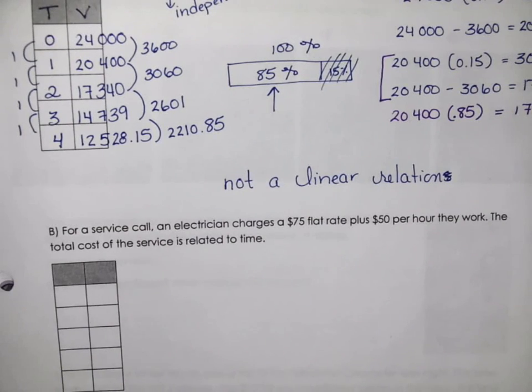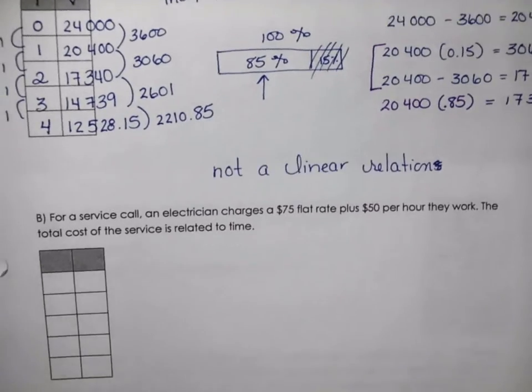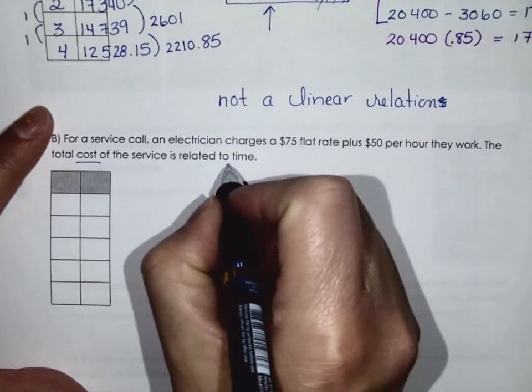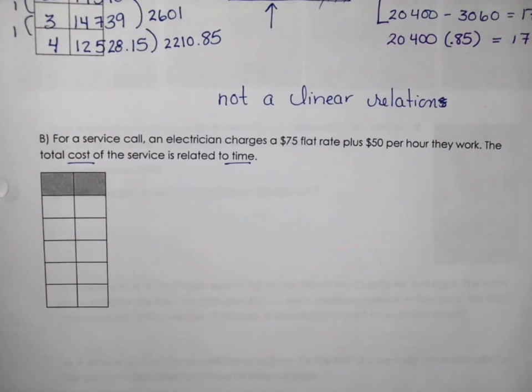Okay, part B. For a service call, an electrician charges a $75 flat rate, and then $50 an hour for every hour that they work. The total cost of the service is related to time. So we have cost and we have time. Which one is independent and which one is dependent?